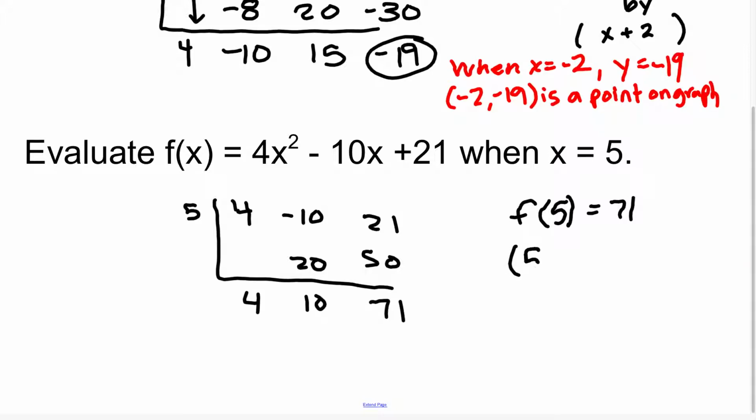We also know that (5, 71) is a point on the graph. If I'm thinking about end behavior, beyond 5, does it just keep getting bigger? Maybe the right side is rising. That would make sense with my positive leading coefficient, 4.